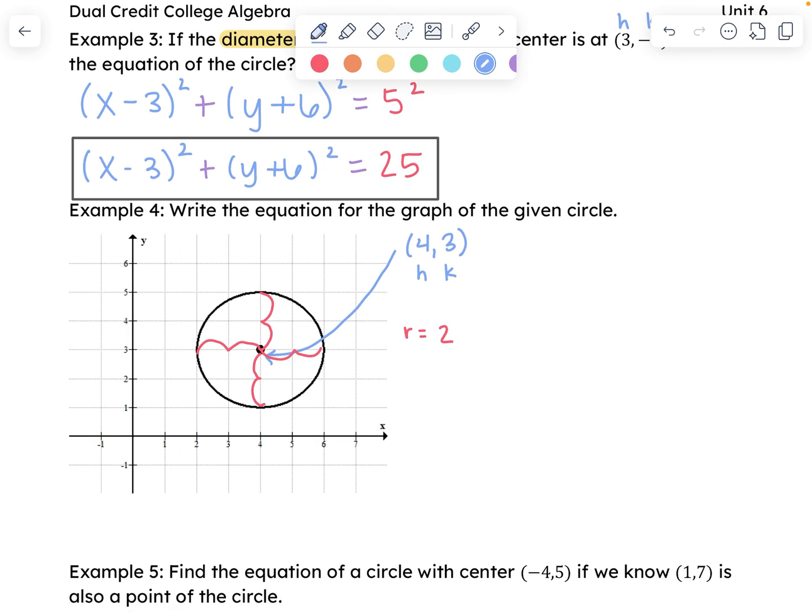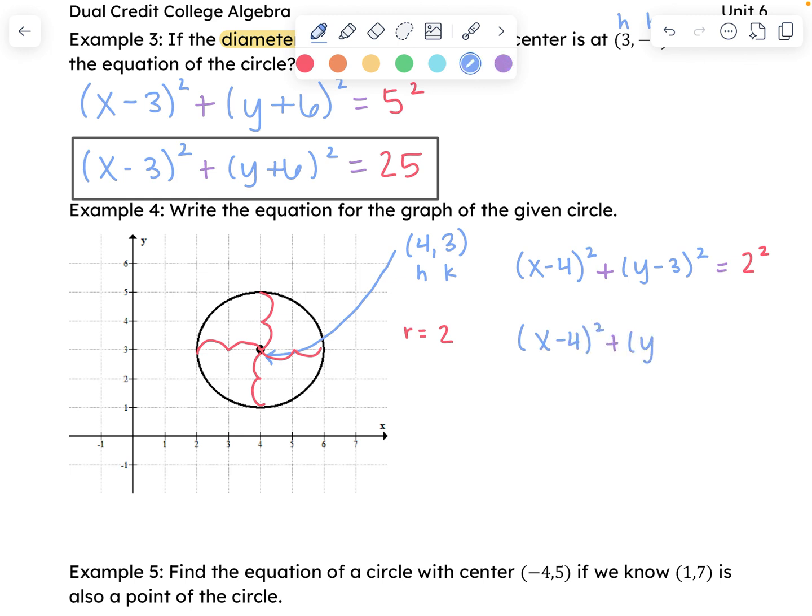So x minus h means (x minus 4) squared plus y minus k, so (y minus 3) squared, and it's going to equal my r squared, so 2 squared. And then I can't leave it as 2 squared, I do need to actually square that, so (x minus 4) squared plus my (y minus 3) squared is going to equal, instead of 2 squared, 4. And there's the equation.